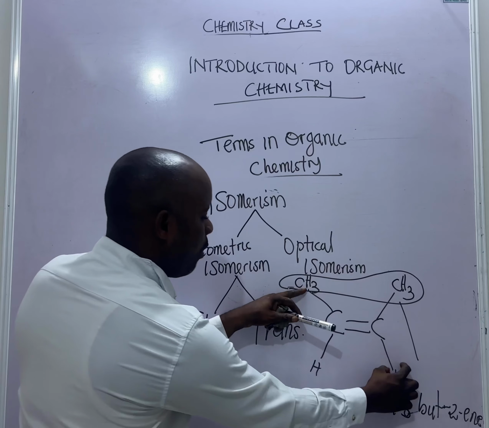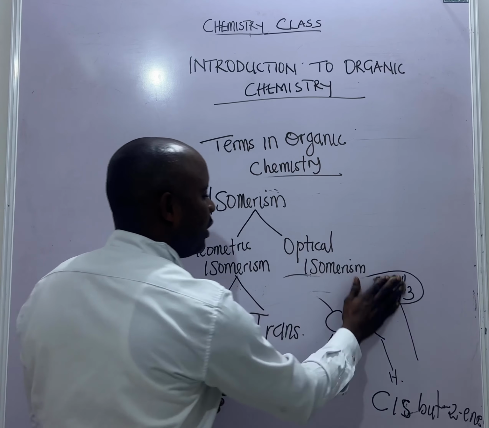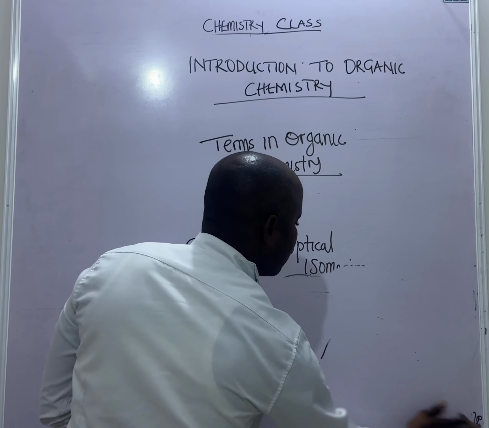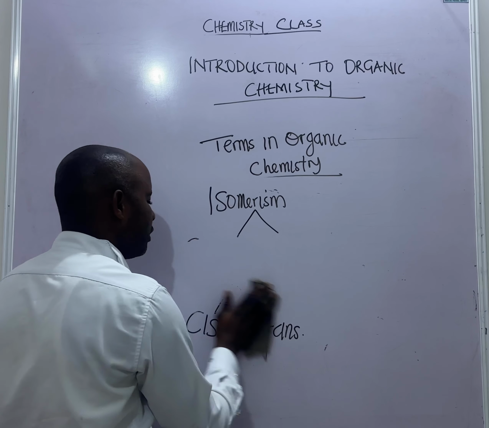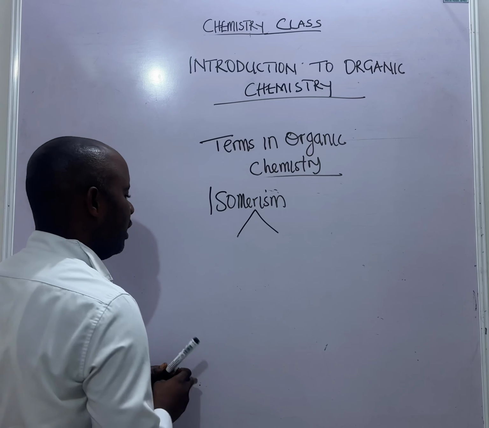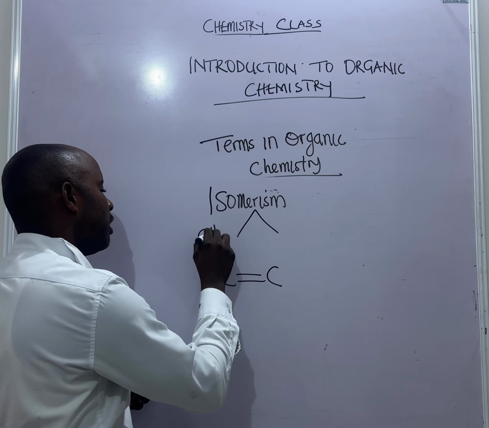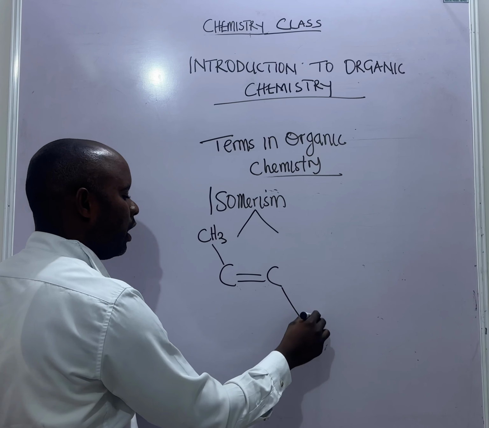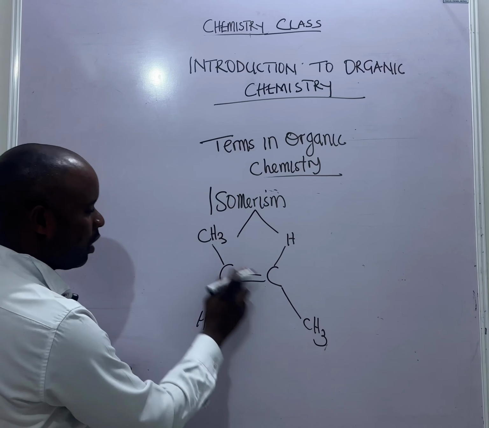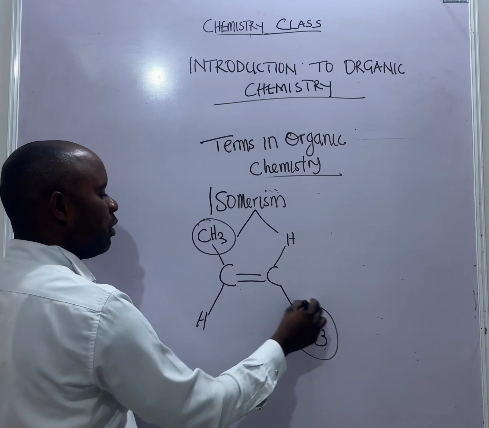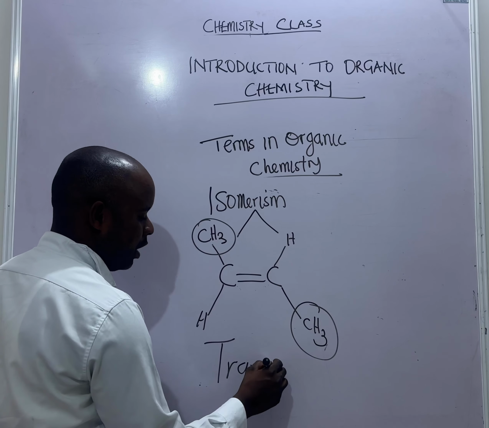So when they are found on opposite sides of each other, it is known as trans. Let's have a very good example of that. That is just all about trans and cis. We said when these heavy molecular groups, that is the methyl groups, are opposite each other, this is known as trans isomerism.